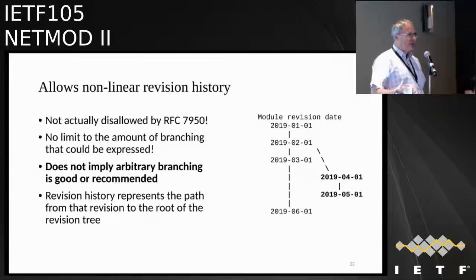But the YANG module might have multiple files that go on different branches on this tree. This is a possibility that can be misused. We don't recommend arbitrary branching, especially not for SDOs. And each YANG module, the text file itself, will represent one root from the leaf of this tree up to maybe the root, or at least to some level. Next, please.